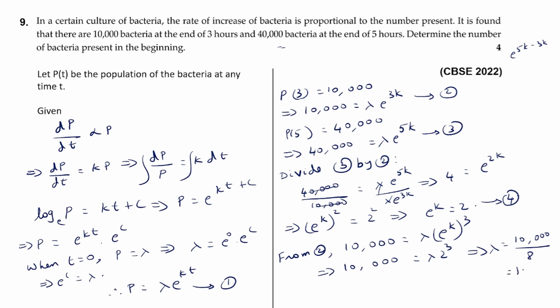So it is 1250. So the number of bacteria present in the beginning is 1250. Therefore 1250 bacteria were present initially. So this is the answer.